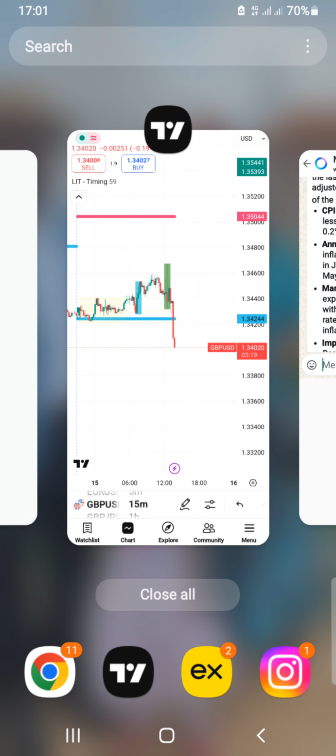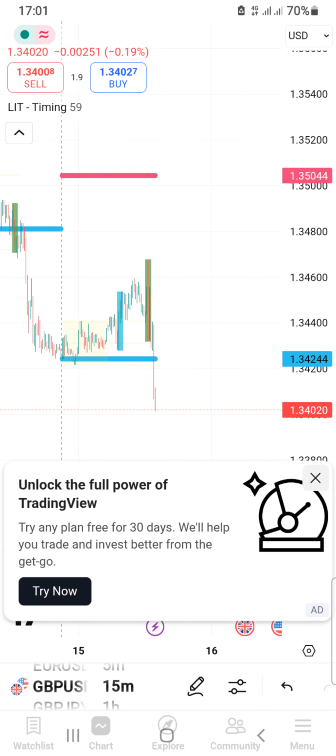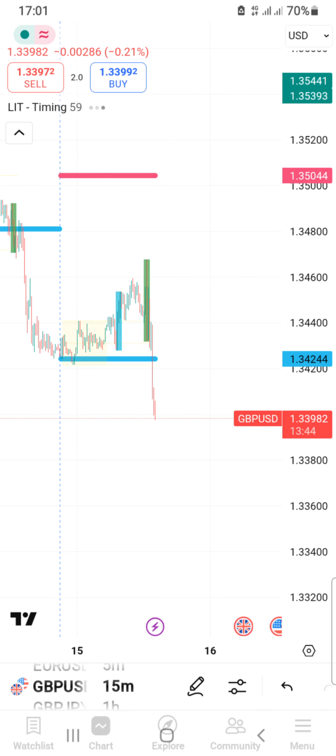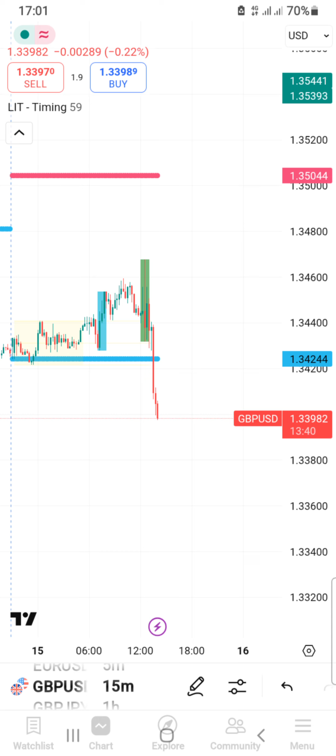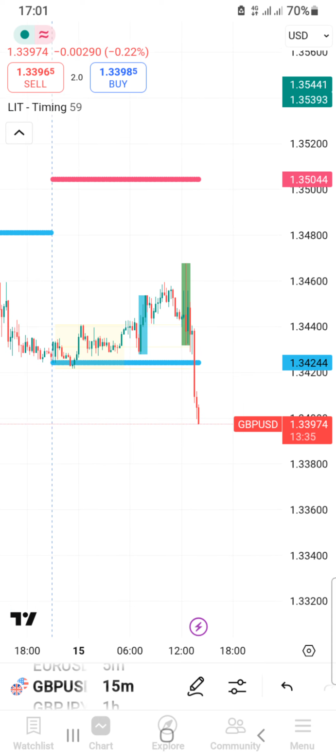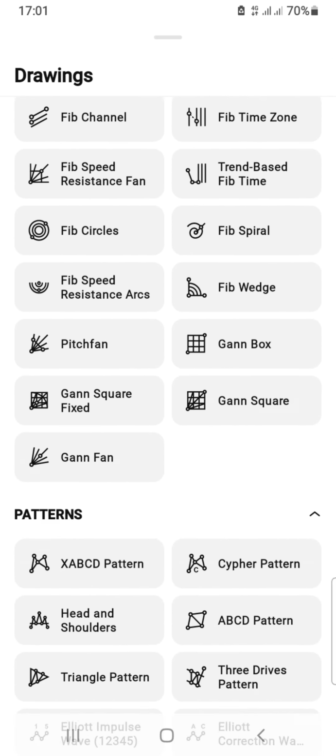So let's go to the trading view. So this was GBP USD, the British pound and the US dollar. So my entry was a short position.